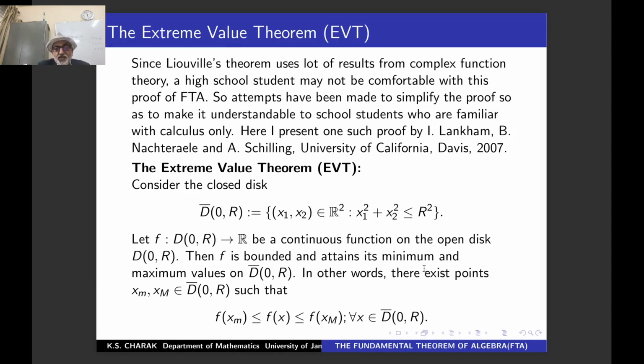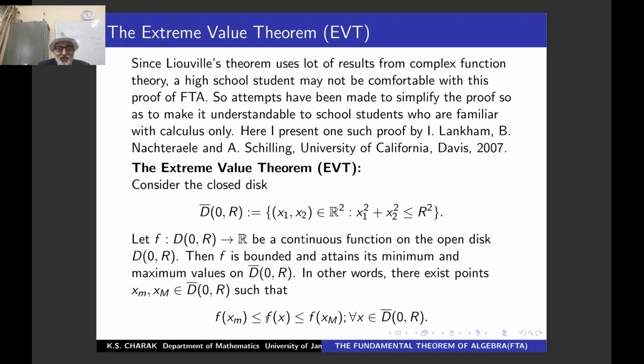It attains its minimum as well as its maximum on this set. So I must be able to find two points in this closed disk, x_m and x_M, such that f(x_m) is the minimum value and f(x_M) is the maximum value of this function.